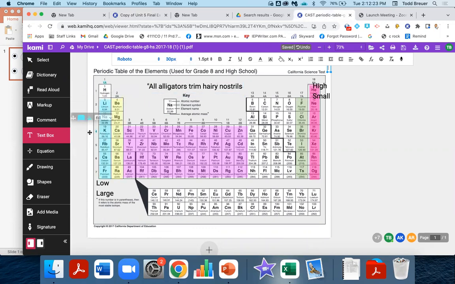The all relates to this region right here, alkali metals. Alligators, the next position, alkaline earth metals. Trim, the next position, transition metals. Hairy are halogens, and nostrils are noble gases. So we're just looking at all alligators trim hairy nostrils and the position on the periodic table.